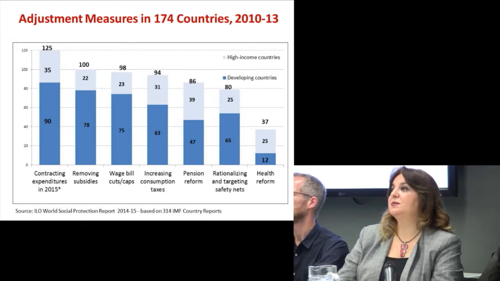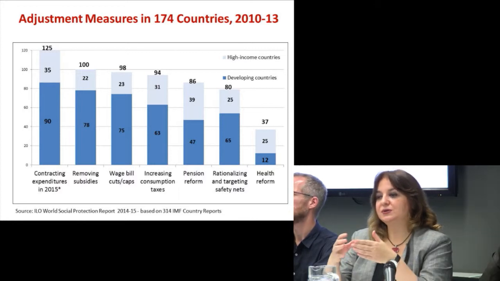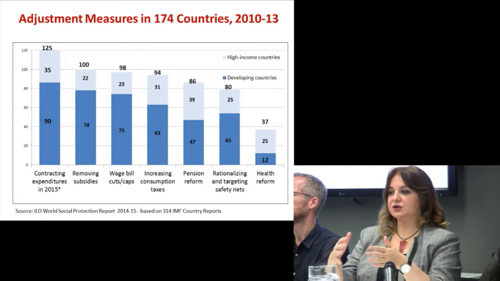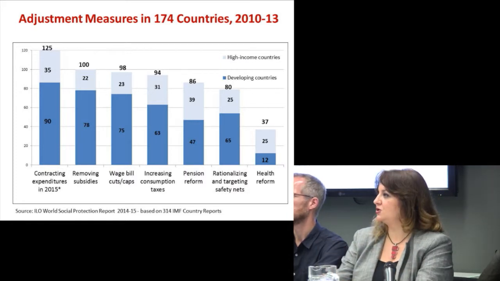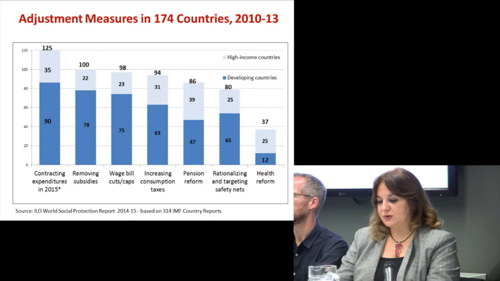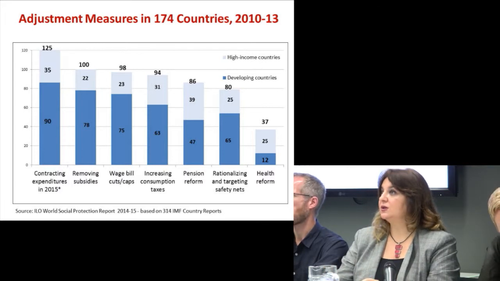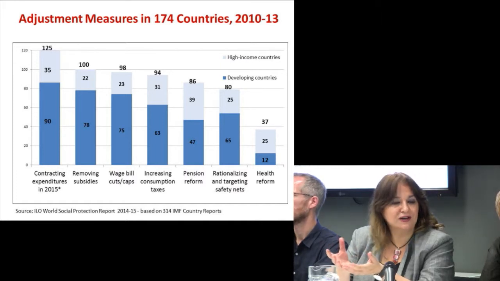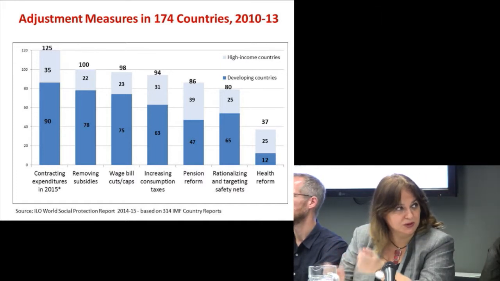And a number of them, and this is very interesting when you read IMF reports, they immediately advise in this moment of contraction to target social expenditures to the poorest. But that puts a lot of issues on the table because this is a time where whole populations are in need of support, not just the poor.